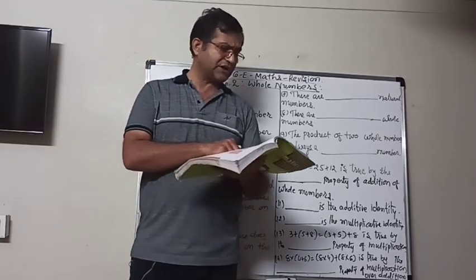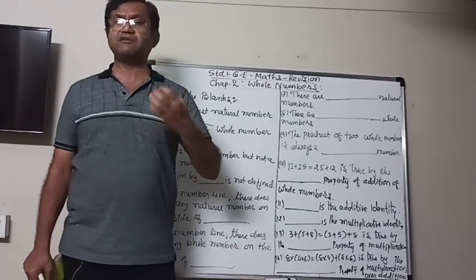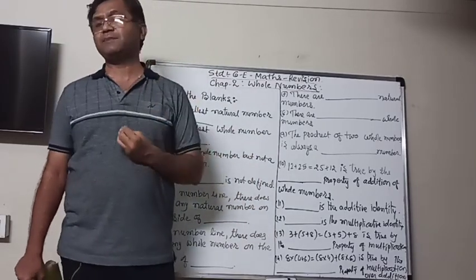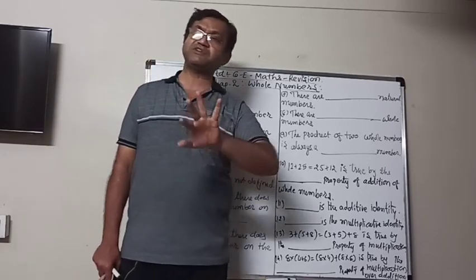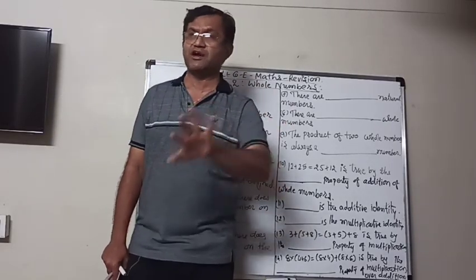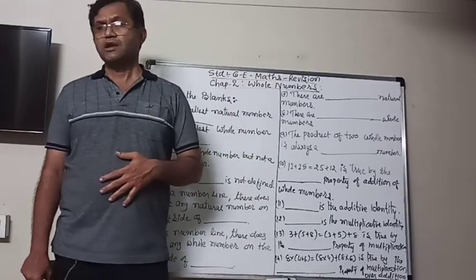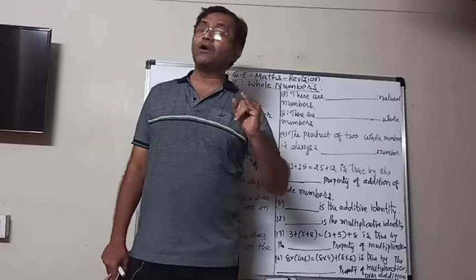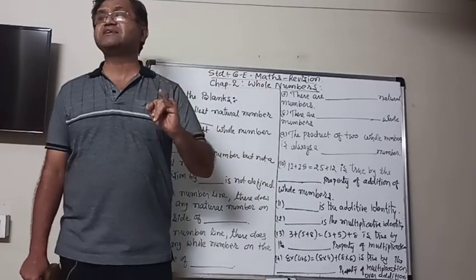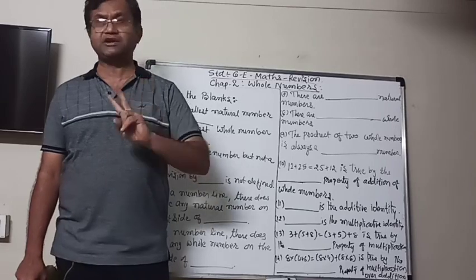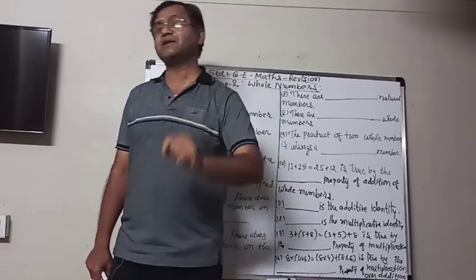Then associativity, but before that, commutativity. Commutativity means we can add or multiply the numbers in any order. 3 fives are 15, 5 threes are also 15; 3 plus 5 is 8, 5 plus 3 is also 8. So the whole numbers are commutative for addition and multiplication, but not for subtraction and division.